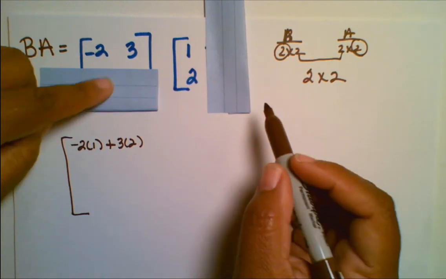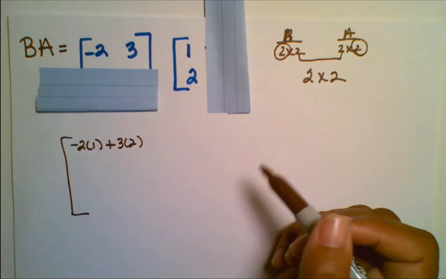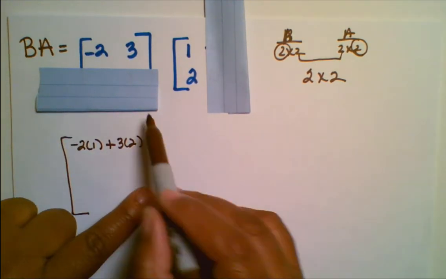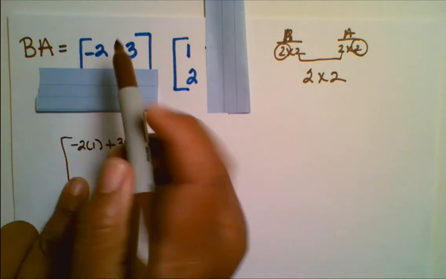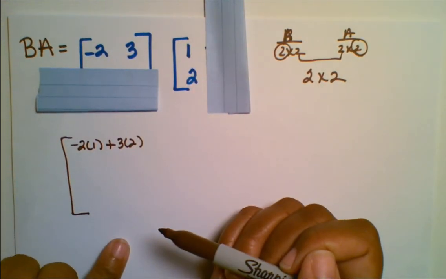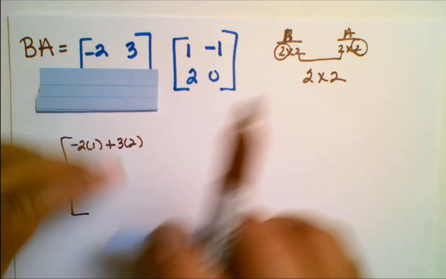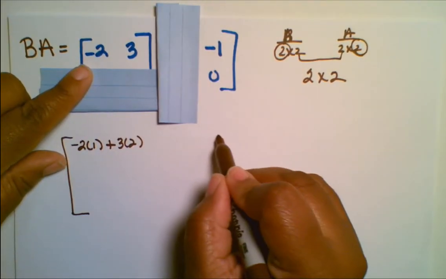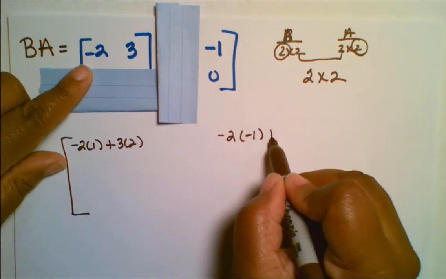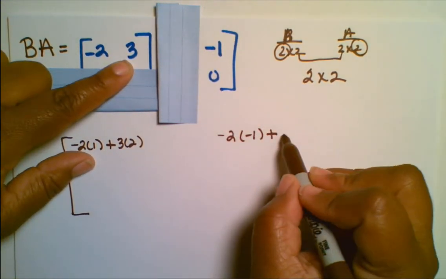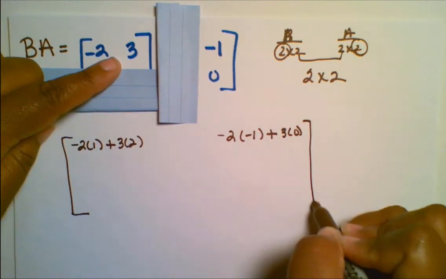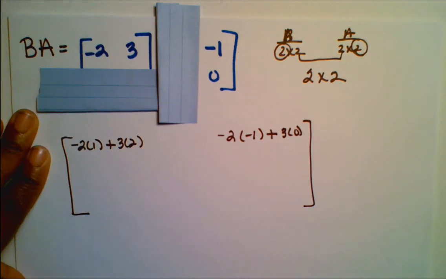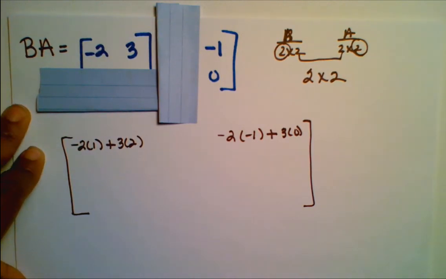We'll solve that in a few seconds. That's first row, column 1. Let's look at first row, column 2. We're saying negative 2 times negative 1 plus 3 times 0. So we're finished with row 1.